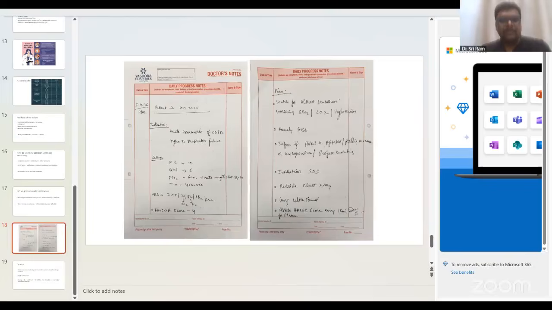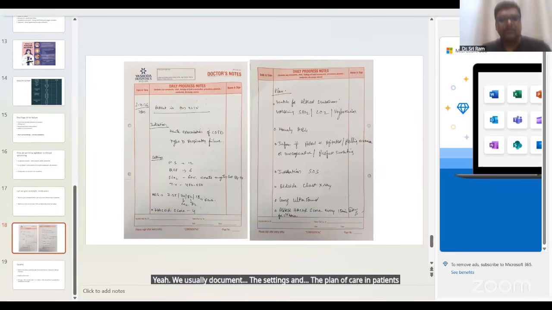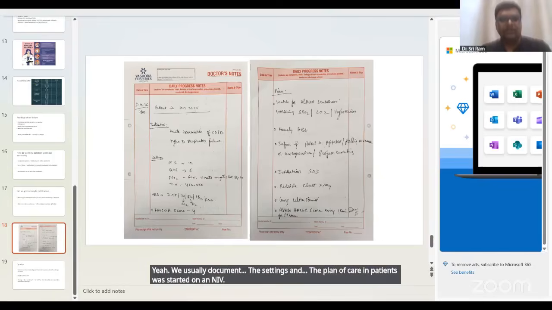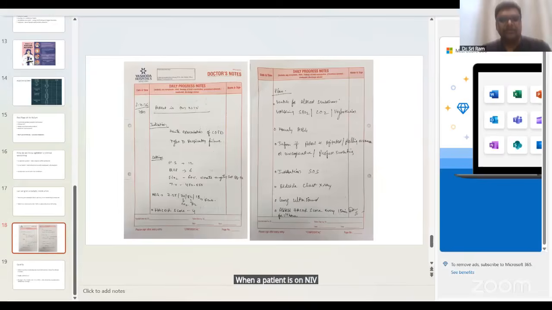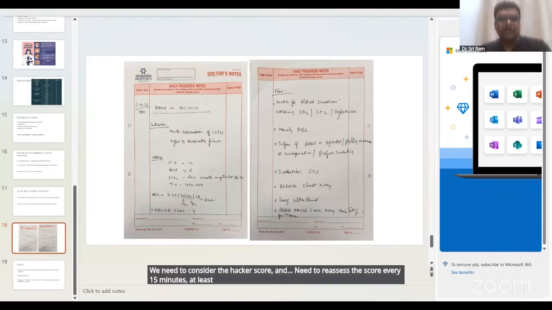We usually document the settings and the plan of care in patients who have been started on an NIV. When a patient is on NIV, we document the indications, along with the settings, the kind of mask we are using, along with the primary ABG findings. We need to consider the HACOR score and reassess the score every 15 minutes, at least for the first 1 hour.